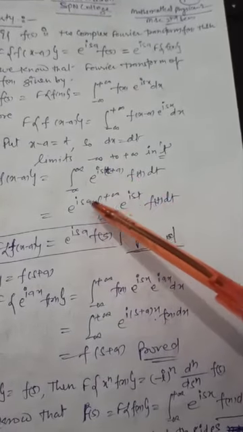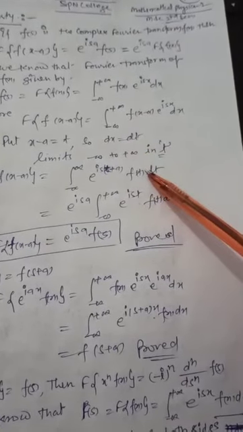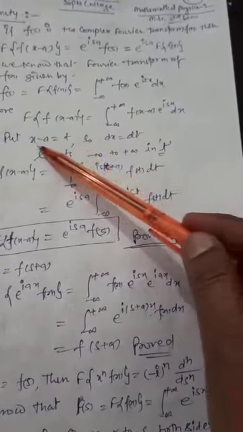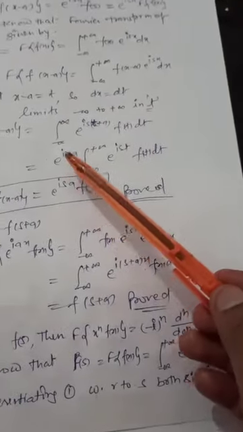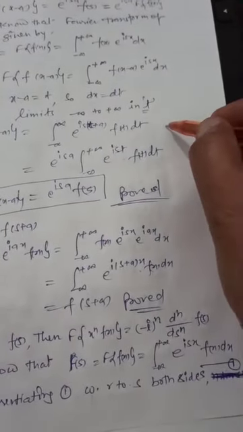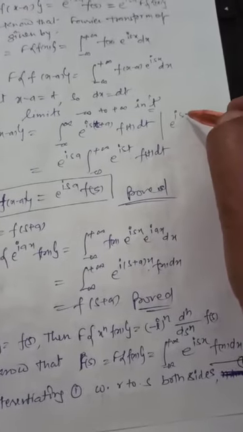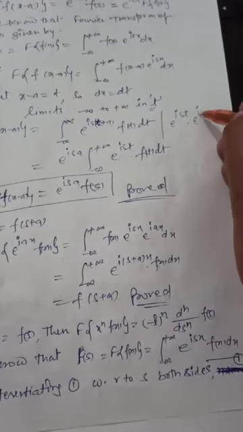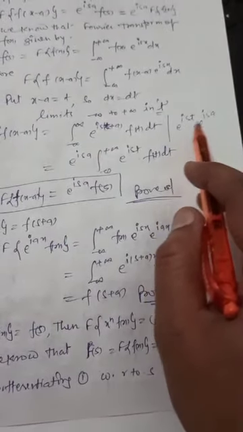Then f of x minus a is basically f of t, and dx is equal to dt. Then again we get exponential iota s t and exponential iota s a. From here you will get this result.